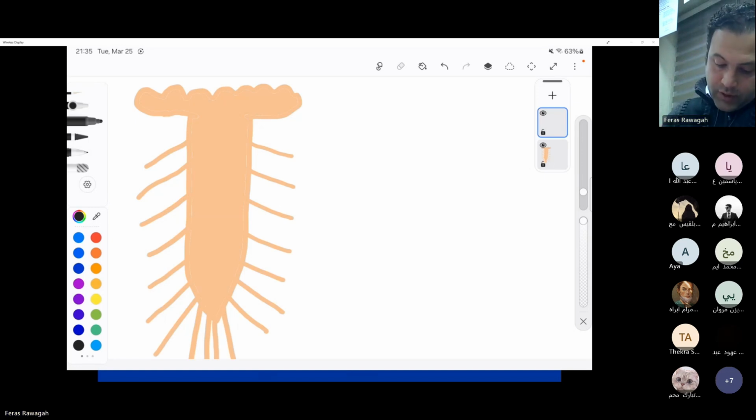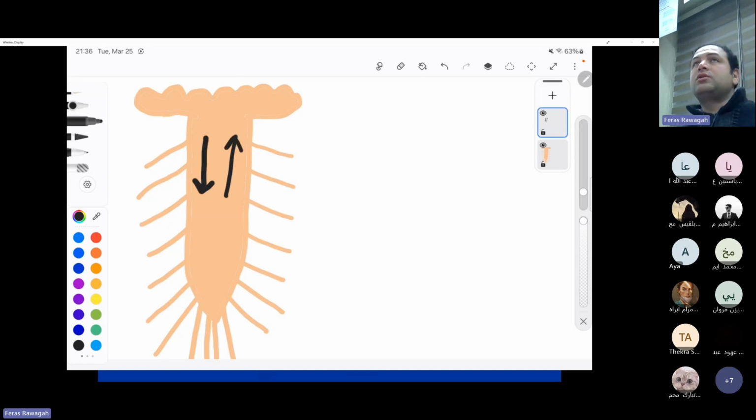Now, we have motor function, descending fibers, and those include the pyramidal and the extrapyramidal tract. The pyramidal tract is the same as the corticospinal tract, and the extrapyramidal tract comes from the basal ganglia to the spinal cord. And there are some ascending tracts, and those include the spinothalamic tract, which transfers the pain and temperature to the brain.